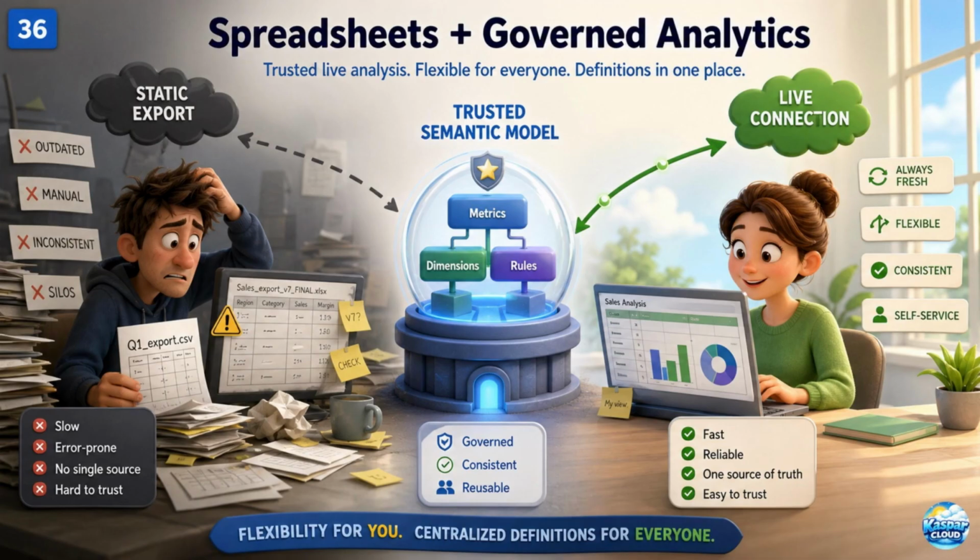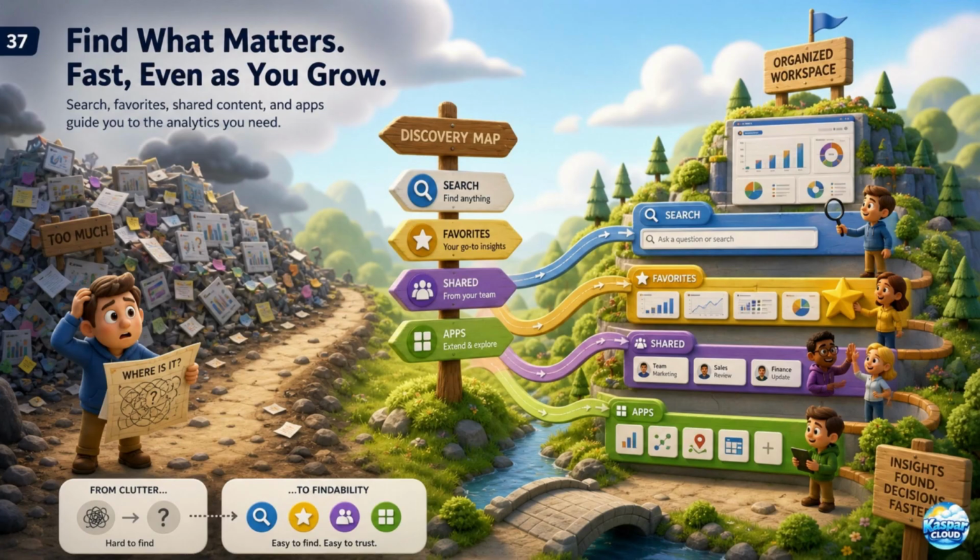Power BI includes search, browsing, favorites, recents, and shared content experiences that help users locate reports, dashboards, apps, semantic models, and workspaces. As organizations expand their analytics environments, content discovery becomes increasingly important.